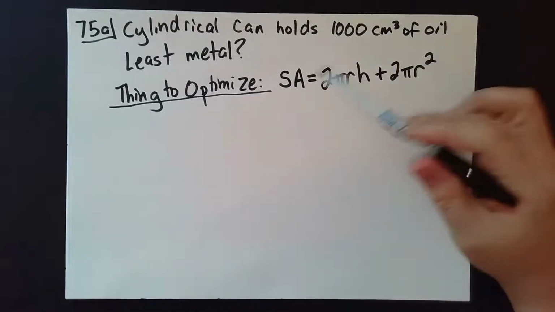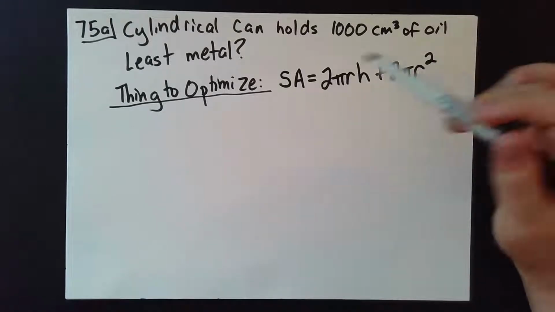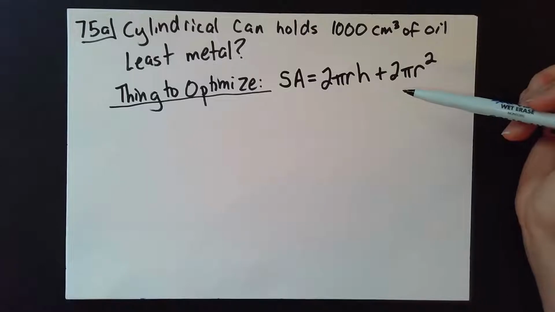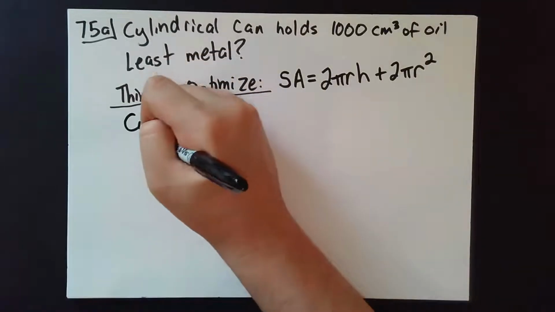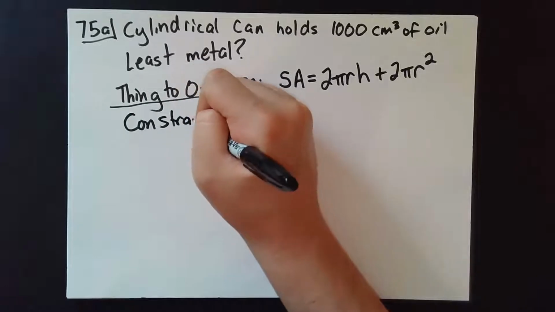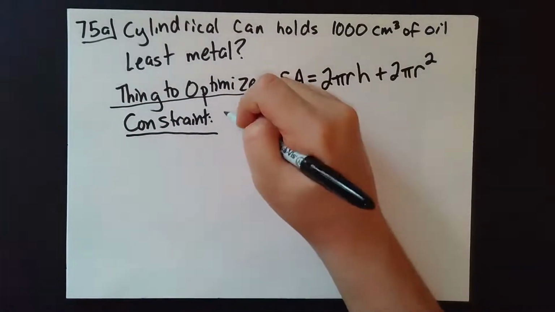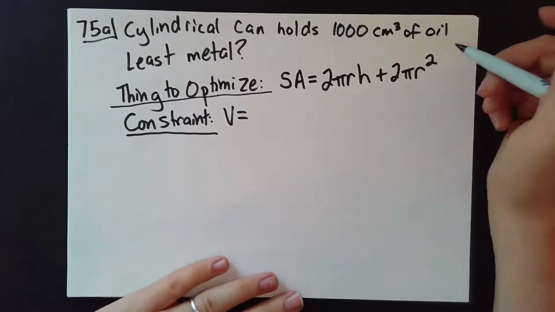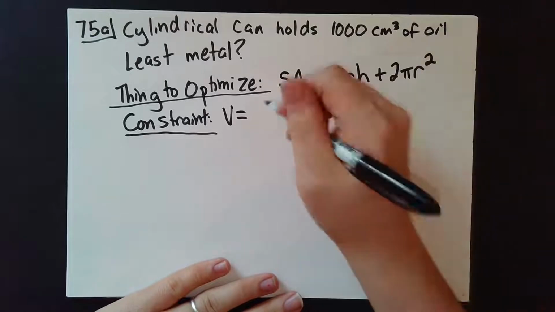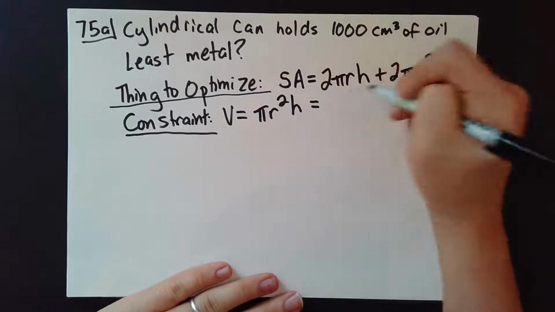If you don't know these formulas, by the way, it is a good idea to put these formulas on your note sheet just in case they come up on the test. And so then my constraint is that the volume has to be 1,000 centimeters cubed. And so the volume of a cylinder is pi r squared h, and that has to be 1,000.